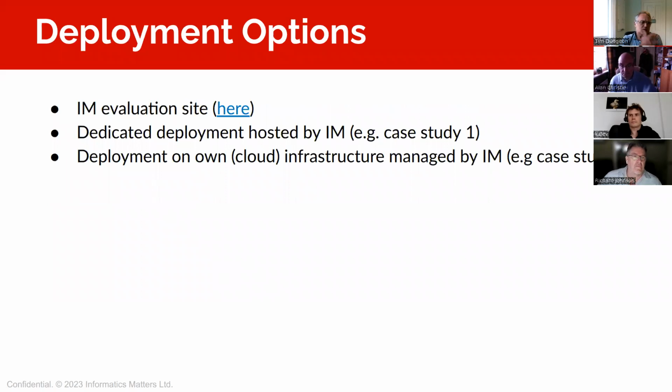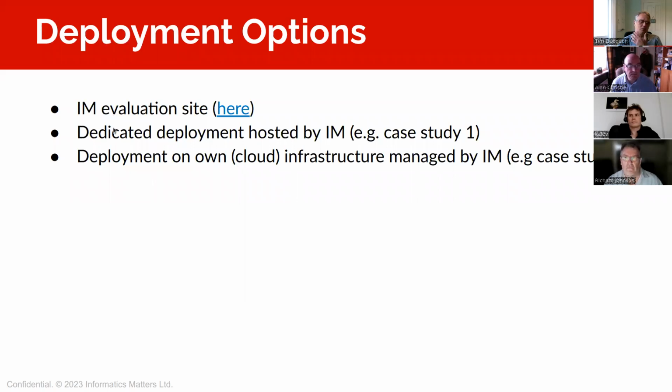So Squonk2 is a reasonably complex application suite, but we have put a lot of effort into how to deploy it. A little bit more on that later. But what this means is we can deploy it in a number of different ways. The evaluation site, which we're going to be using later for the demo, is obviously the main one that we talk about.